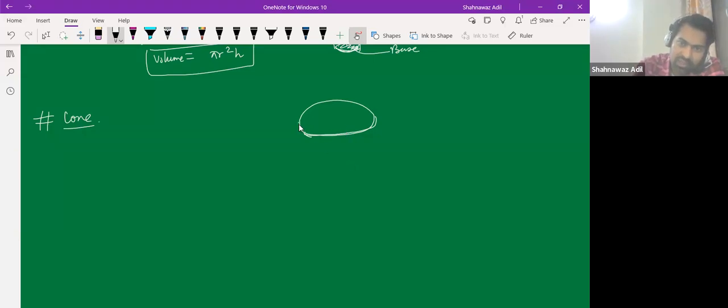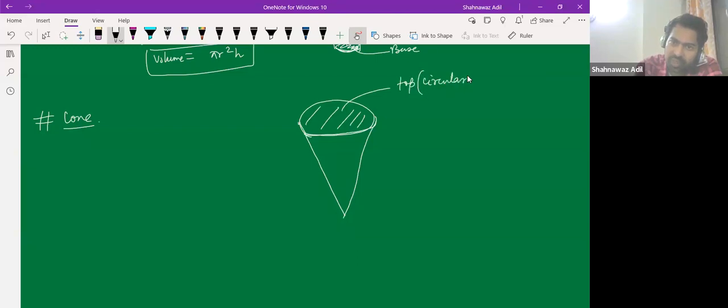You have this cone, and it has this kind of shape. So two surfaces: this is the top part, which is circular, and then this is the curved part, right?